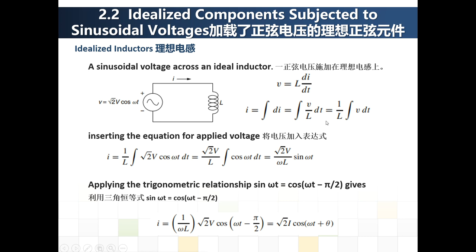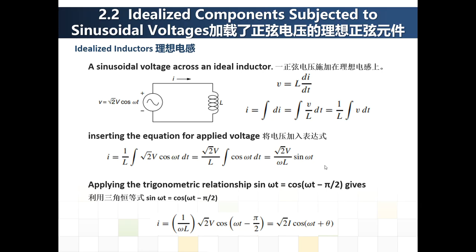So it is equal to 1 over L multiplied by the integral of V over t. So the instantaneous current is equal to the square root of 2 multiplied by V divided by omega L multiplied by sine omega t.